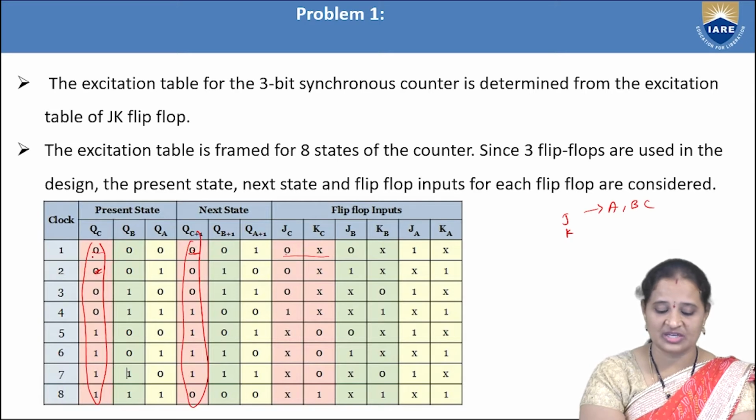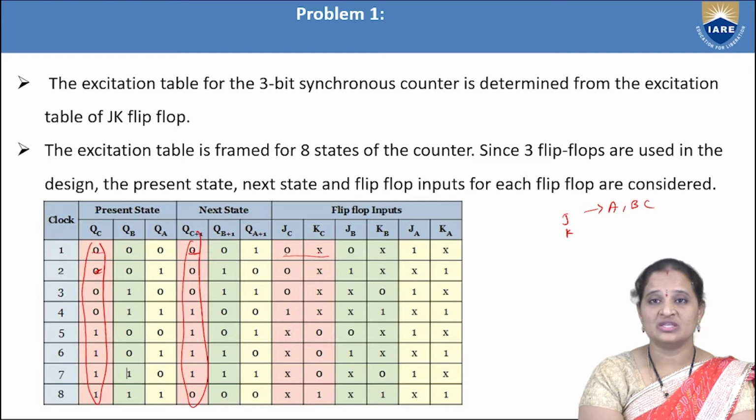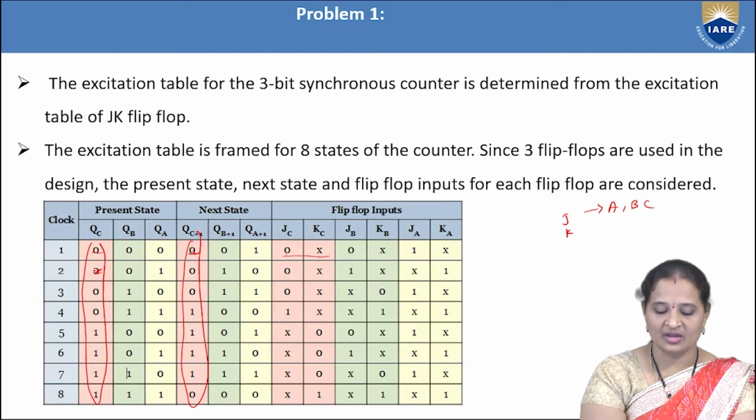When the present state is 0 and the next state is 0, JC, KC values will be 0, don't care. And again 0, 0 gives 0, don't care. Again 0, 0 gives 0, don't care. Next 0, 1 gives 1, don't care.